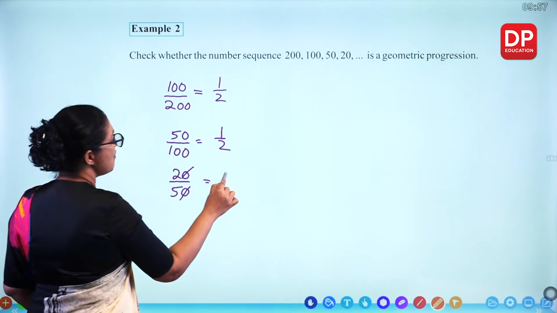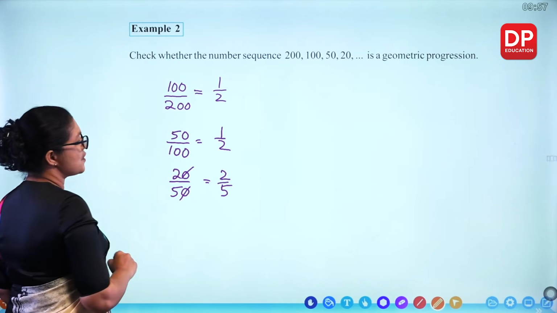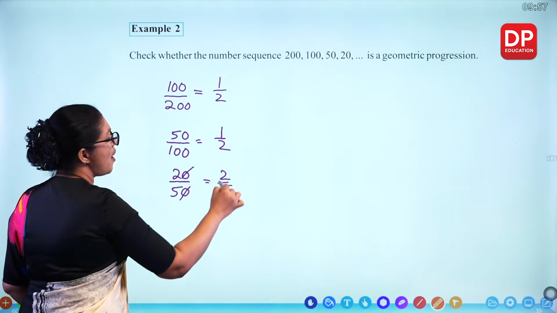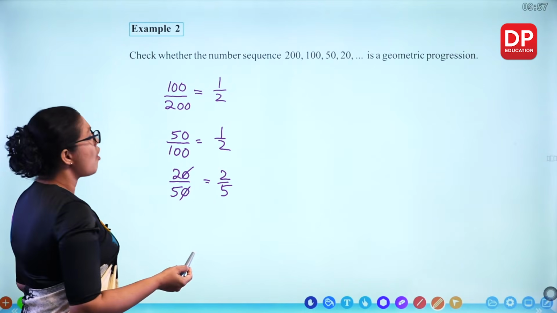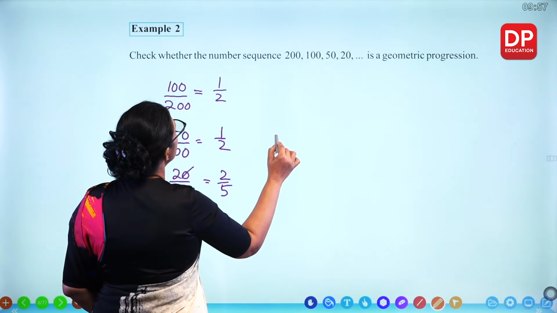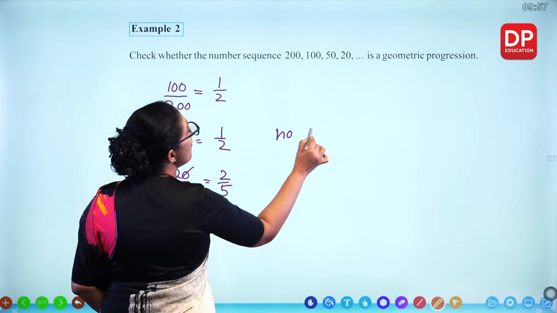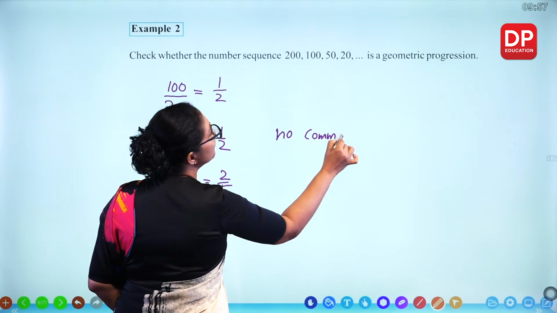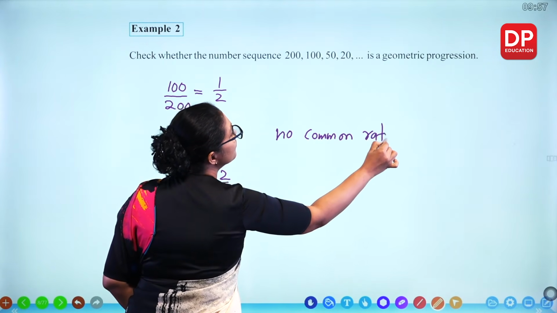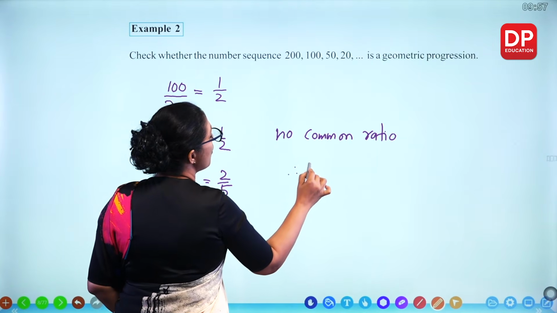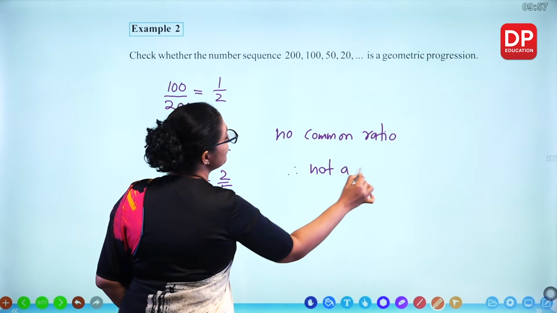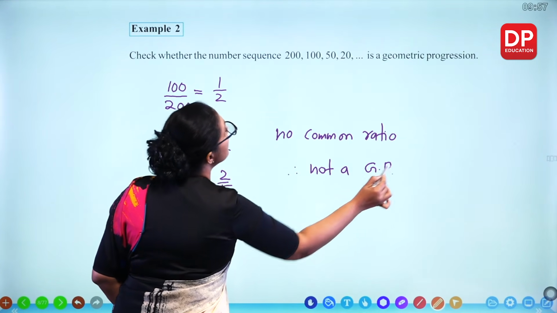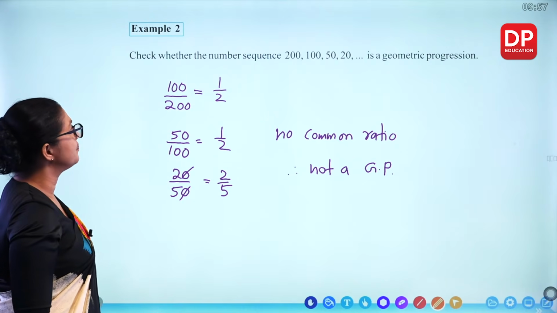No, this time you get 2/5. So you are not getting a common ratio. No common ratio. Therefore, not a geometric progression.